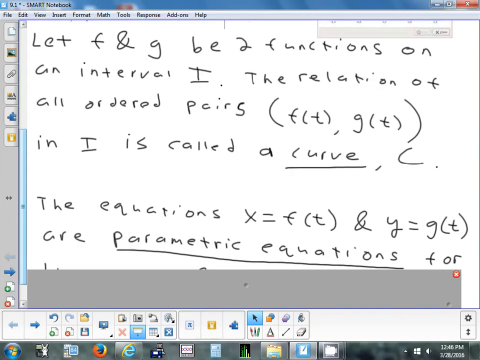So the two equations that make up your sketch, those are called your parametric equations. Okay? You'll have one equation for your x's, and you'll have a separate equation for your y's. Okay? And when we go to the graphing calculator, you'll see the same thing. Okay? What I'll do is I'll bring up the calculator and show you what it looks like when you put it in parametric mode. Okay? And I'll put this back up.